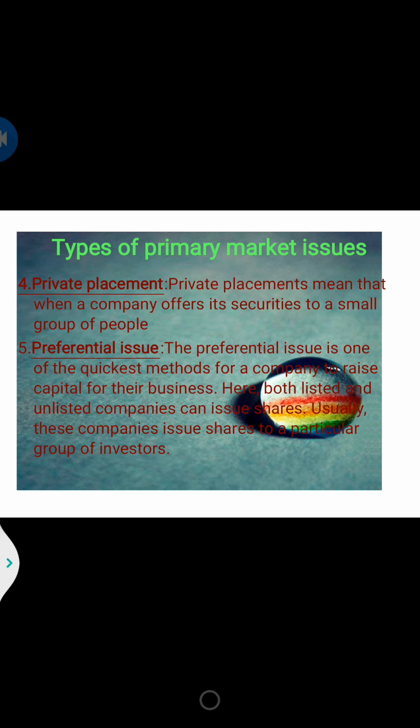The investors can be either individual or institutional, or both. Comparatively, private placements are more manageable to issue than an IPO, because in an IPO a huge number of people are involved, but here it is a small group.